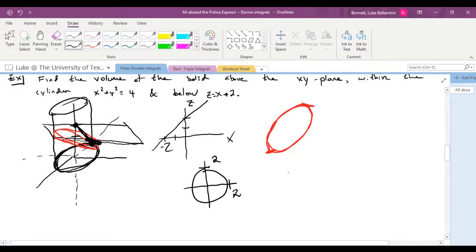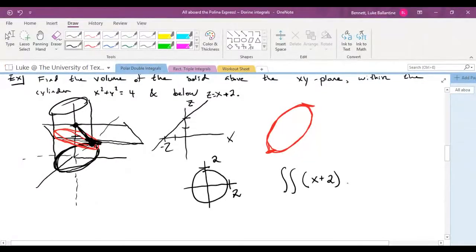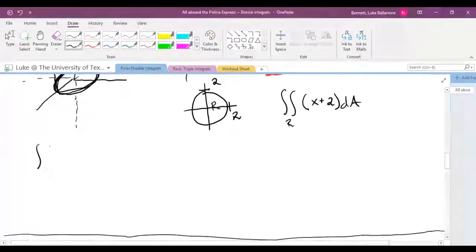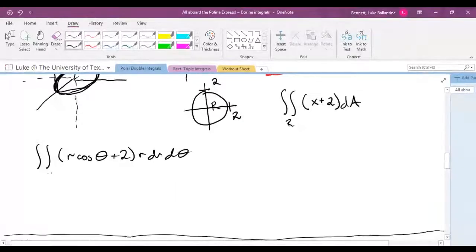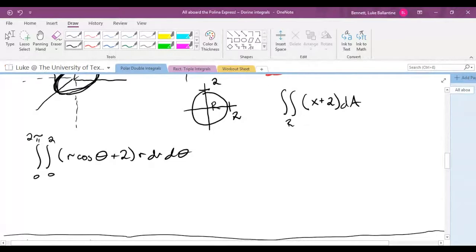So we're going to be doing the double integral of z over a region R. This is the double integral of r cosine theta plus 2 times r dr d theta. r is ranging from 0 to 2, theta is ranging from 0 to 2 pi.